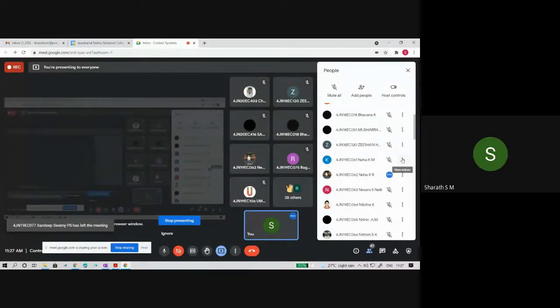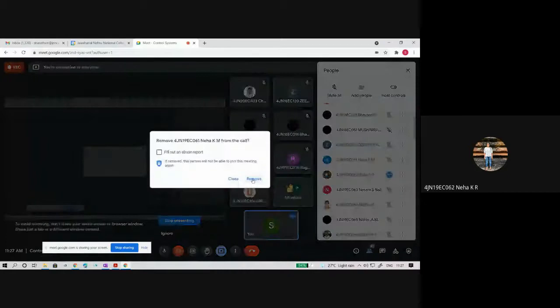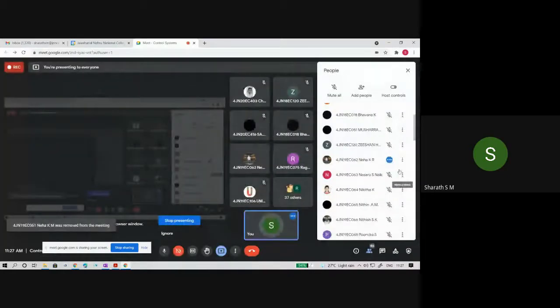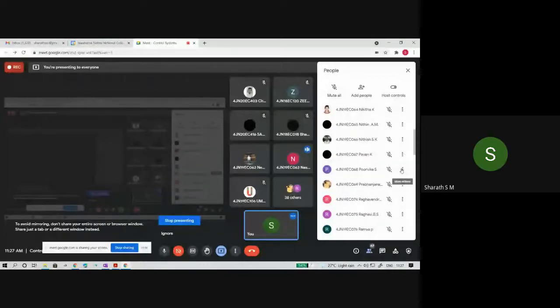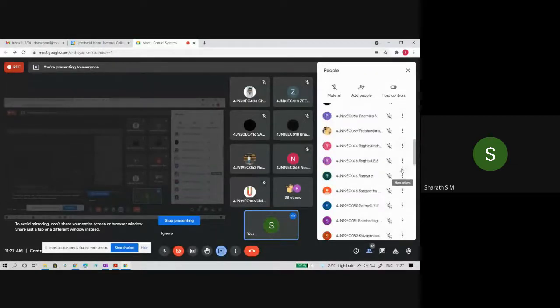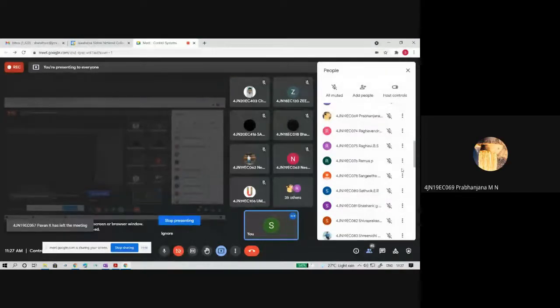Neha KR, solve the first problem. And Nesara also. Prabhanjan and Raghavendra. Prabhanjan and Satvik. That's all the second one.